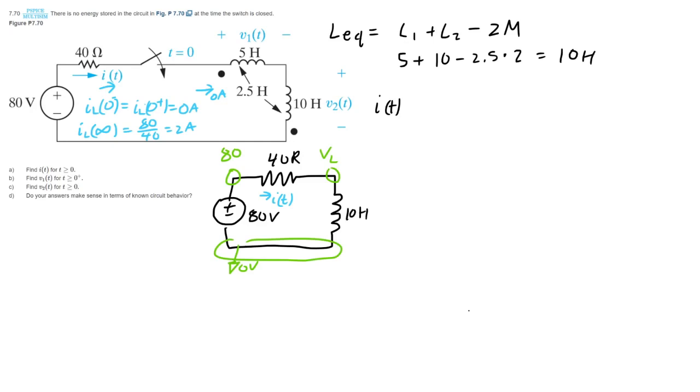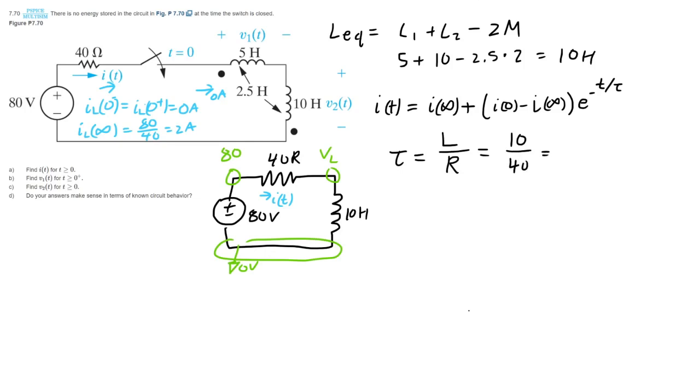So I(t) is going to be I infinity plus I0 minus I infinity times e to the minus t over tau. We can calculate tau because we already have the equivalent inductance. It's going to be L over R. So 10 Henry over 40 ohm is 1/4.